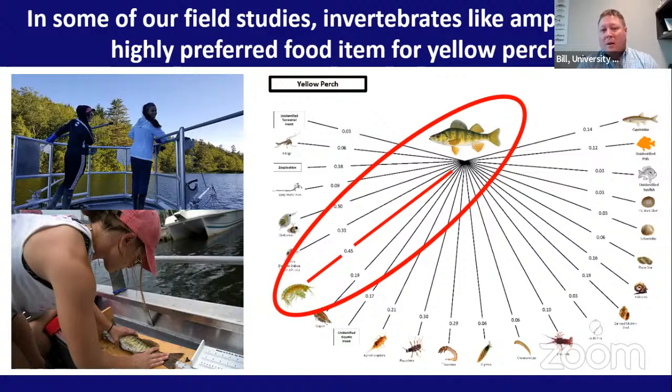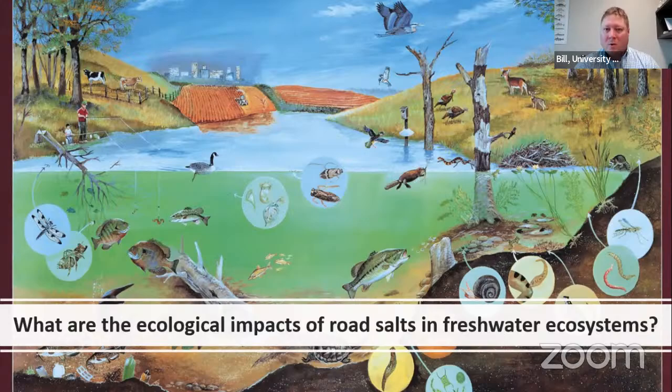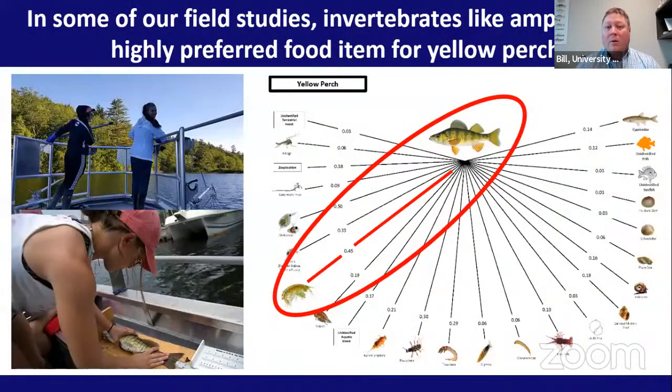What you see here is a couple of undergrads and myself. We surveyed this lake in New York, and we looked at the gut contents of the yellow perch population. When you think about pollutants like salt, they can affect fish directly, or they can affect invertebrates directly, which may indirectly affect fish. There are so many different connections in freshwater ecosystems that we really want to understand how they're going to change with this rise in salinity from overuse of road de-icing salts.